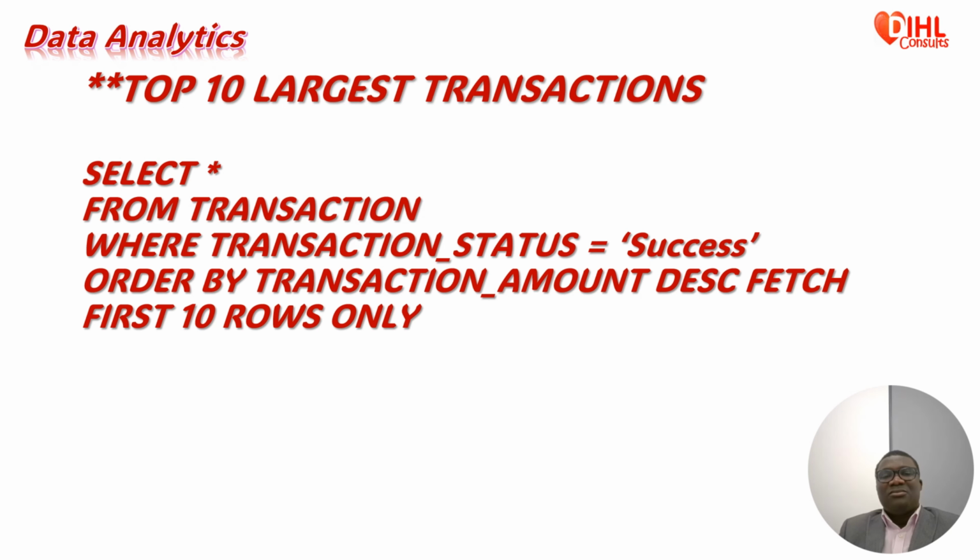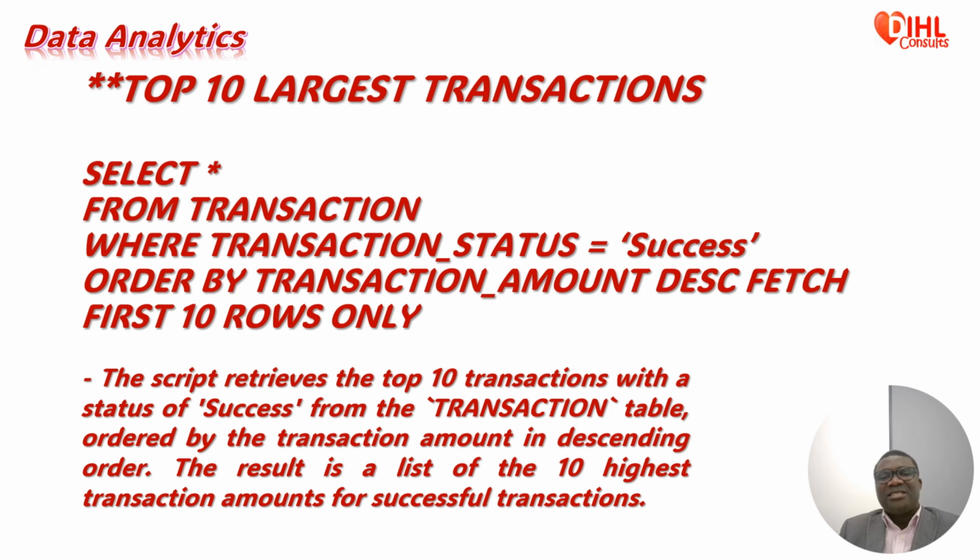Then another analytics that can be done is to look at the top 10 largest transactions. So in the transaction table, transactions of various statuses were present there. So we have success transactions, failed transactions, or pending transactions. So in this case, we are saying select all from transaction, where transaction status equals success, ordered by transaction amount DESC, fetch first 10 rows only.